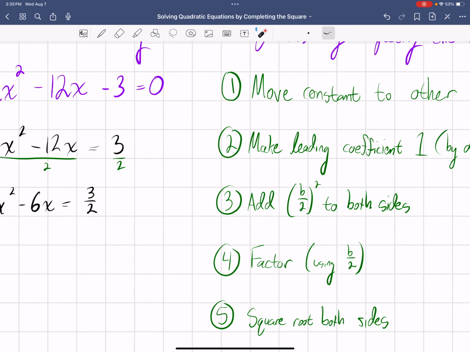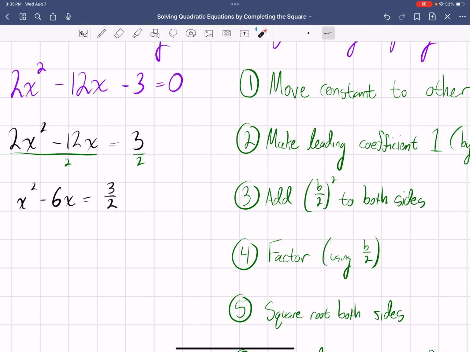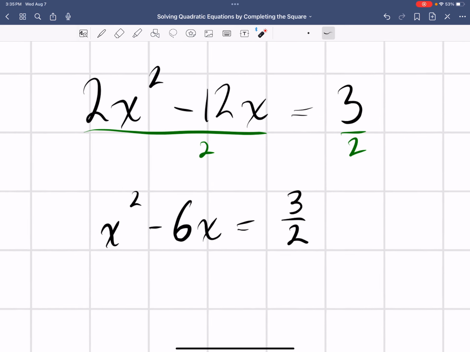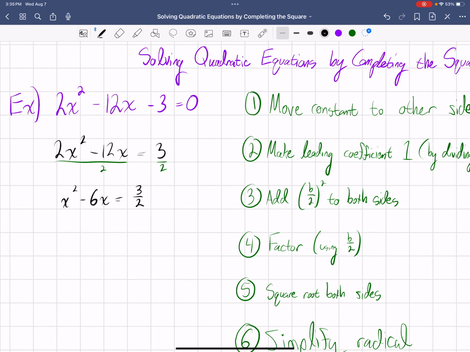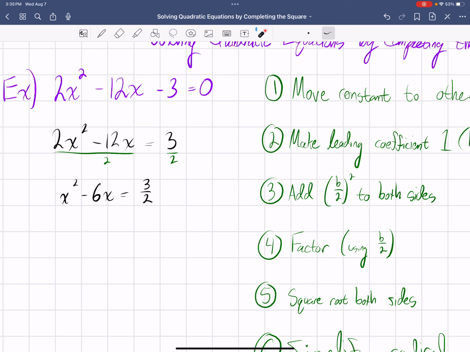Next step is, and this is the key step, I'm going to add b over 2 squared to both sides of the equation. Now when we say b, we mean the linear coefficient, the coefficient multiplying the x to the first term, that's b. So here b is -6. So like we said, we need to add b over 2 squared to both sides.